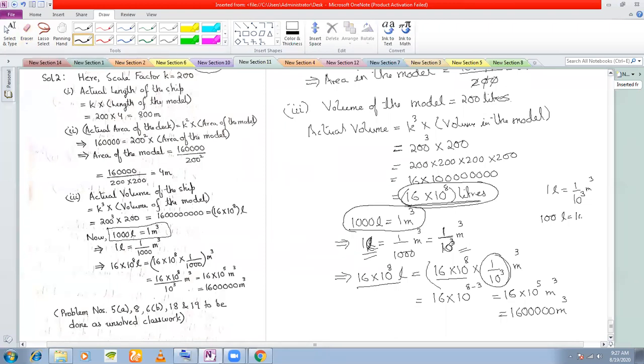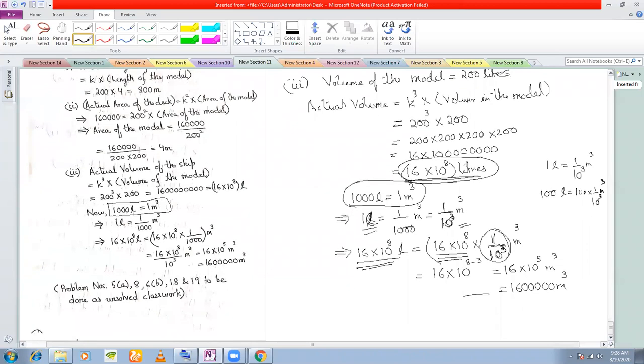We multiply this 100 with 1 by 10 cube, isn't it? That is what I have done. So 16 into 10 to the power of 8 is 16 into 10 to the power of 8 into 1 by 10 cube. That is what I have done.